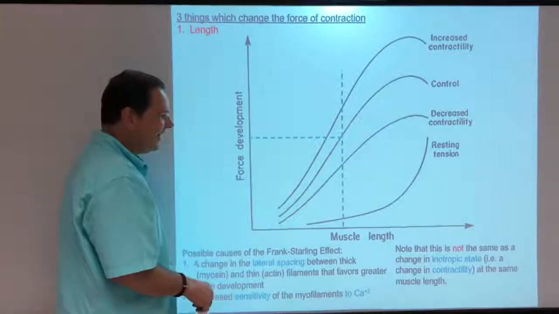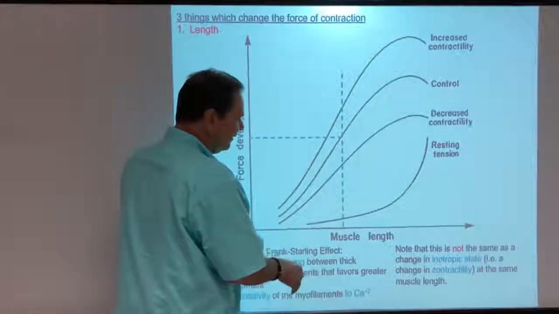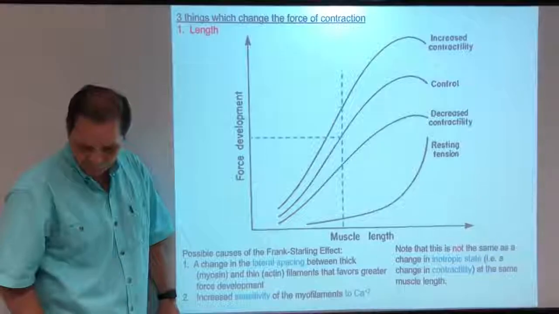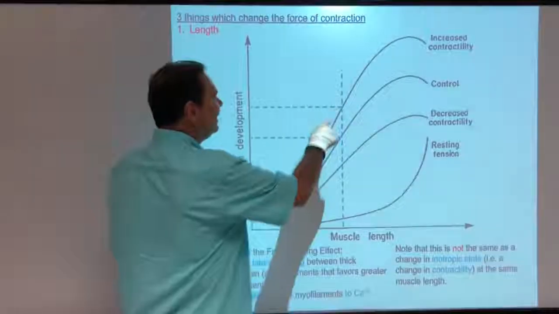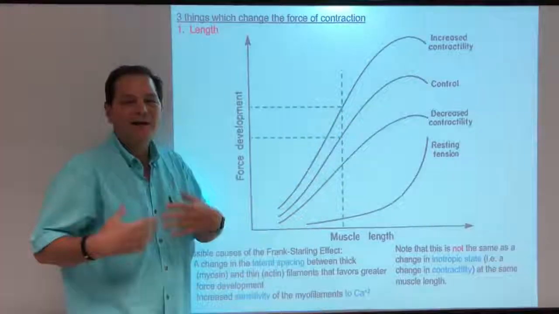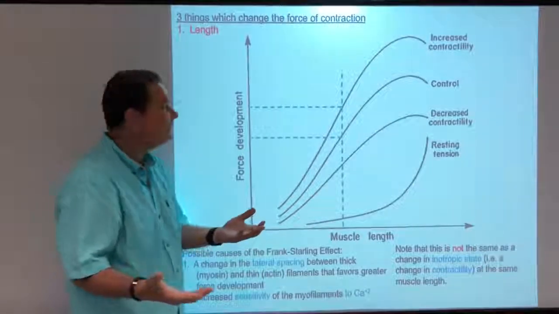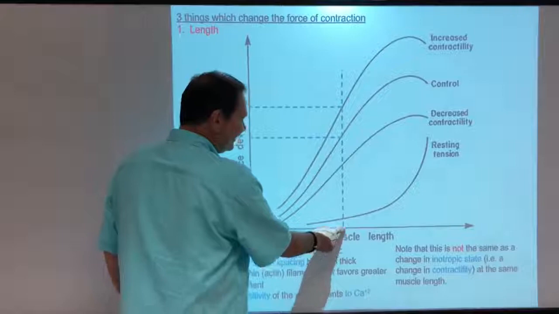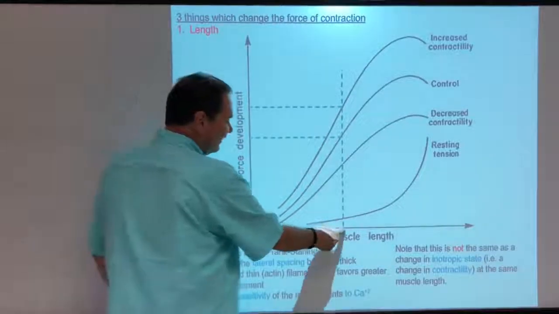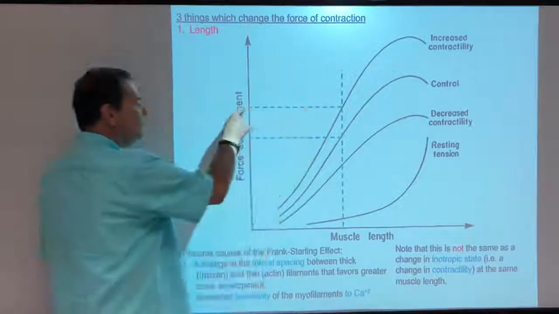If I take that muscle and I'm in a different contractile state, let's say I have increased my contractility by adding a positive inotropic drug, okay, then what happens is if I stretch that muscle to the very same length, I generate more force.